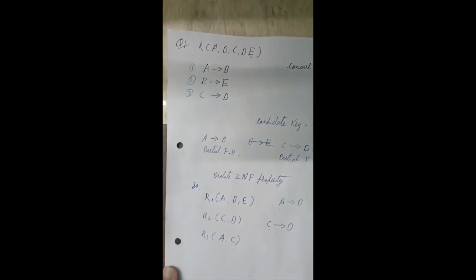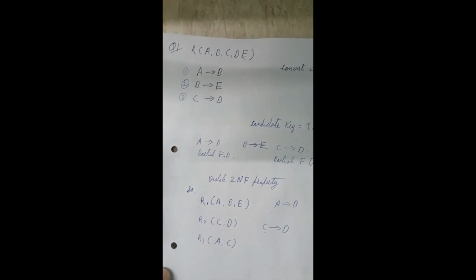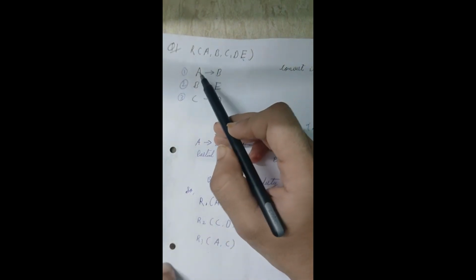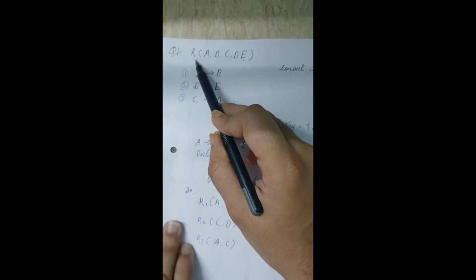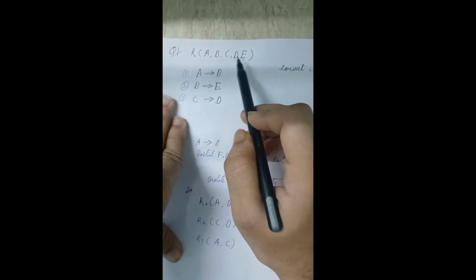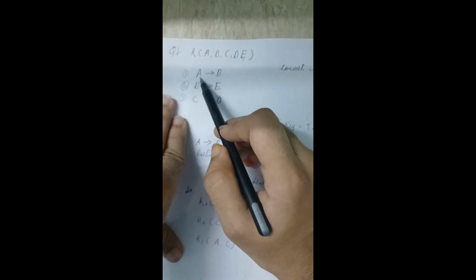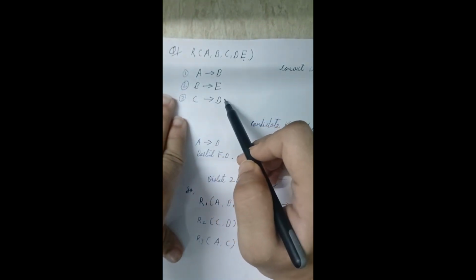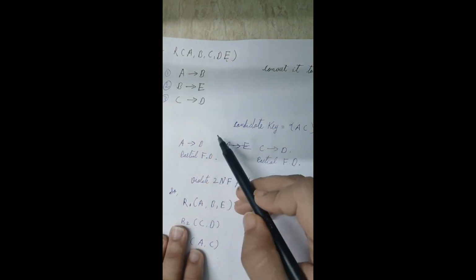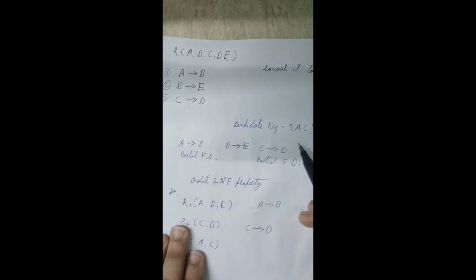Let's take another example. In this example, there is a relation R which contains five variables and there are three dependencies: A to B, B to E, C to E. We have to convert it into 2NF. So let's first find the candidate key. We can easily see that A and C is the candidate key, and the candidate key has two elements.